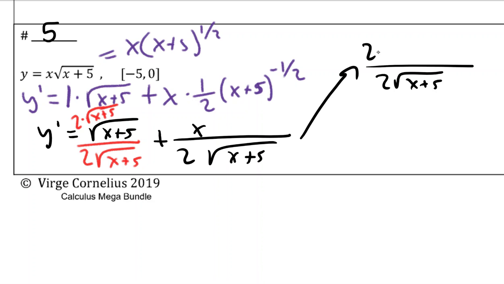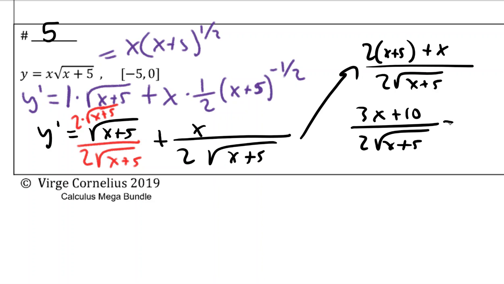I've got 2 times the square root of x plus 5 times the square root of x plus 5 would just be what? Okay, and then I've got this plus x. So over here it looks like we have 3x plus 10 on top, and then this common denominator on bottom.